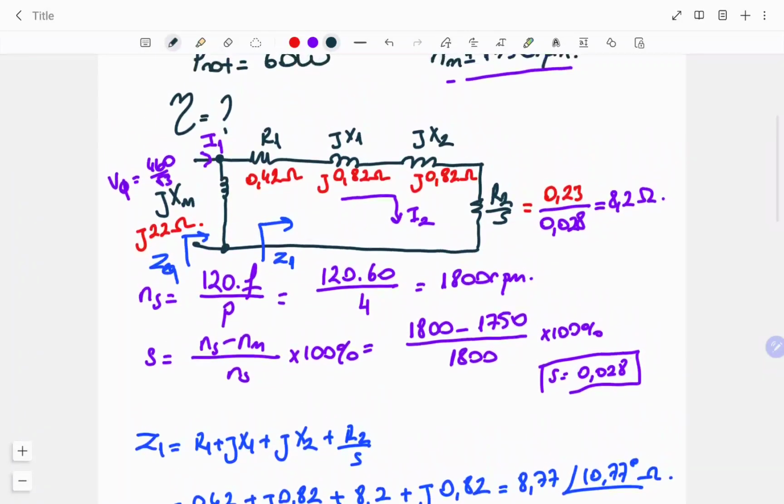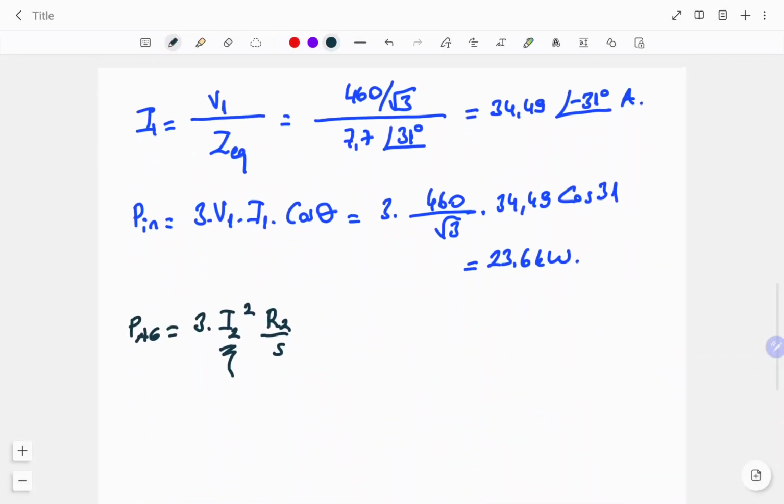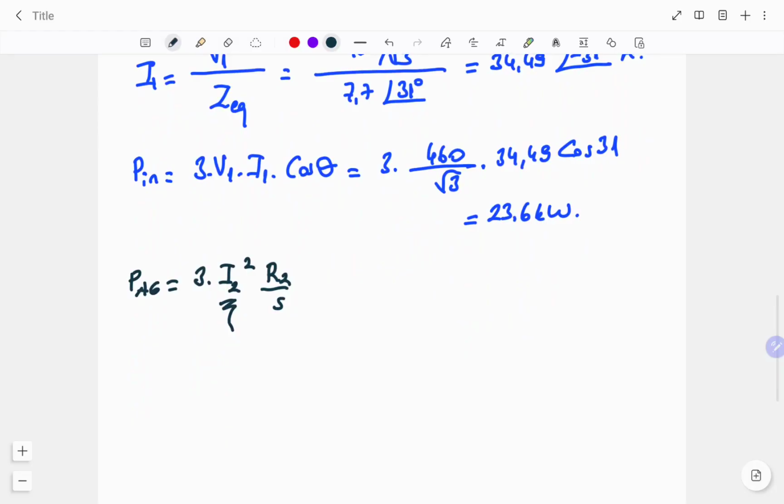The secondary side current which is flowing through R1, X1, X2 and R2 over S for this circuit. We can make a similar calculation to I1, and we know the voltage between these nodes, and we know the total impedance of this part, which is Z1, and we can calculate the I2. So before the air gap power calculation, I2 must be calculated with V1 divided by Z1.